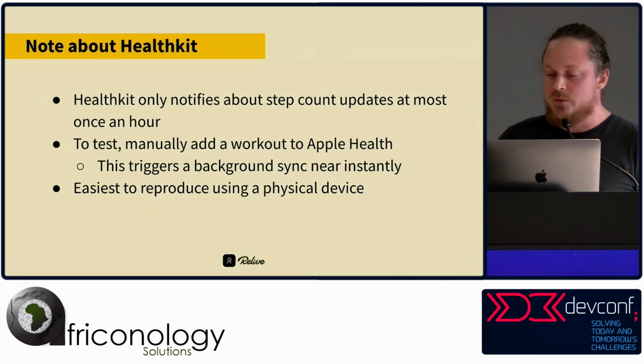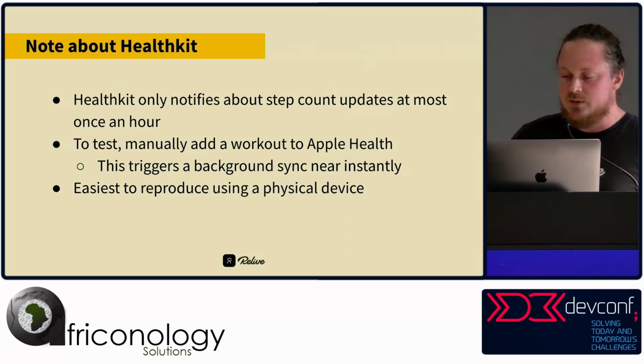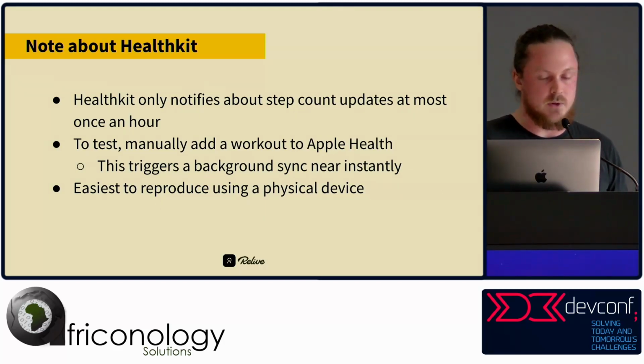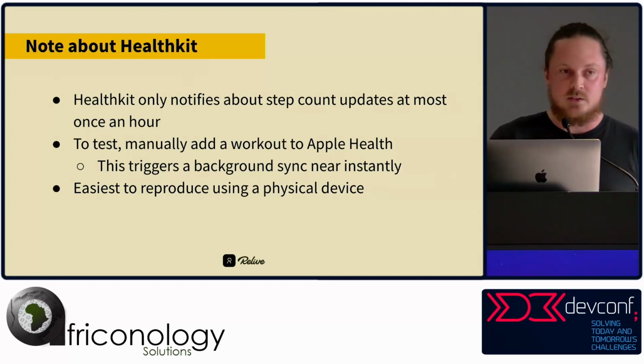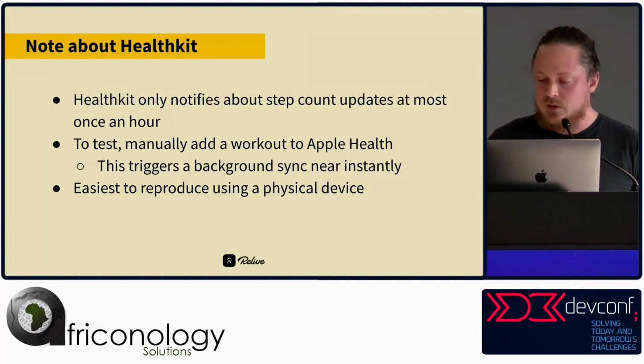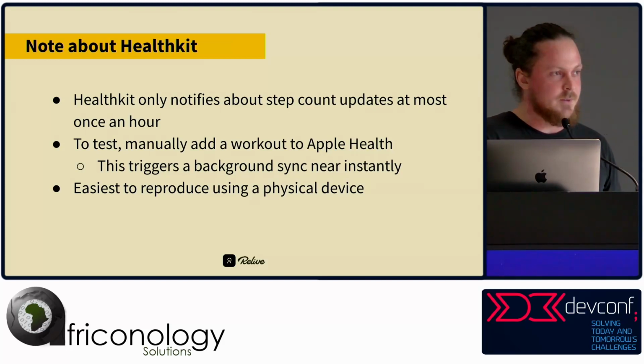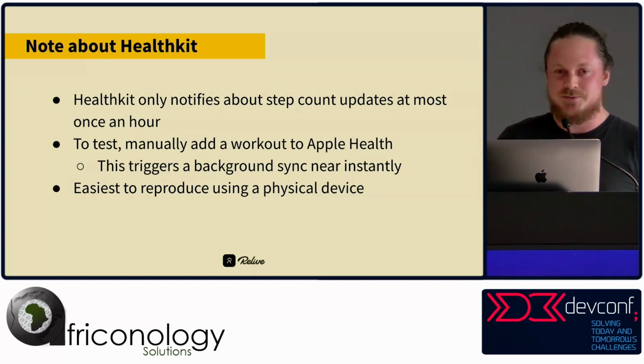Before I show you what we've just built, I want to mention a few quirks about working with HealthKit. HealthKit's background observers have different frequencies that you can register for. Some of them you can register for immediate updates, such as when new workouts are added, and others are limited by Apple. Like step counts, we can at most receive an update once an hour. When we're developing, though, we don't want to wait an hour for an update to test our code.